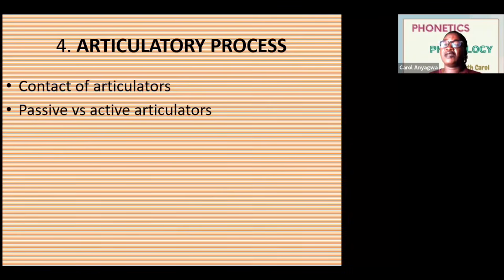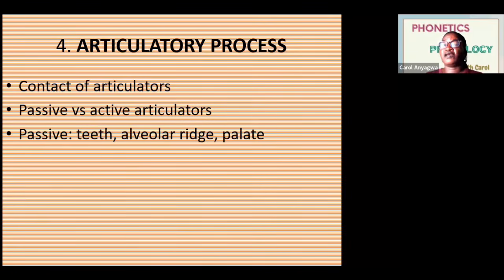The active articulators are those that are capable of moving to initiate contact with other articulators in the course of speech production. For the passive articulators, we have organs like the teeth. Your teeth can't move. The alveolar ridge, the palate. And for active articulators, we have the tongue. The tongue is actually the most mobile of all articulators.